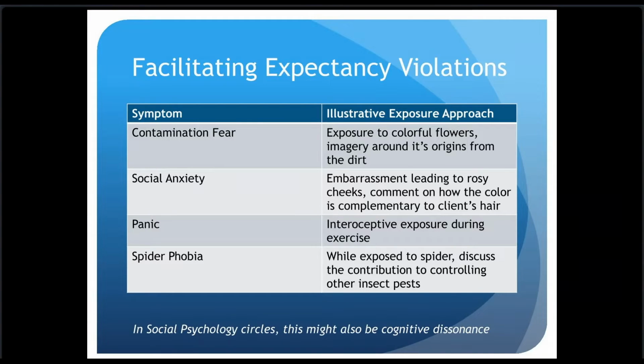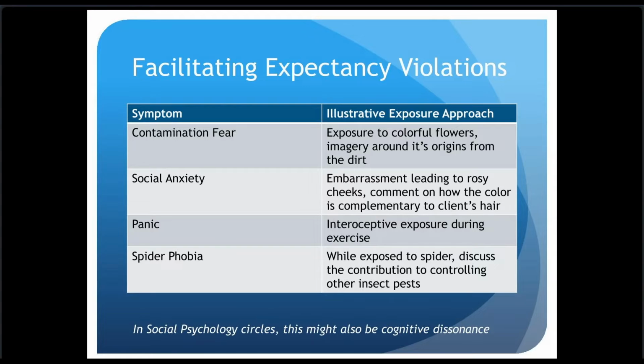If we use a few more examples, you could do this kind of thing, contamination fear. It's disarming for clients who might have problems with dirt to then go out and see flowers, but also handle the dirt. Social anxiety, I've done this one with clients. The concern about blushing is a specific kind of manifestation of social anxiety, incidentally.